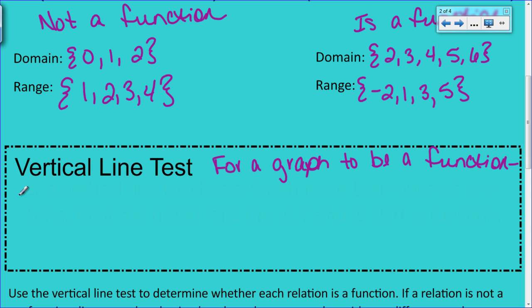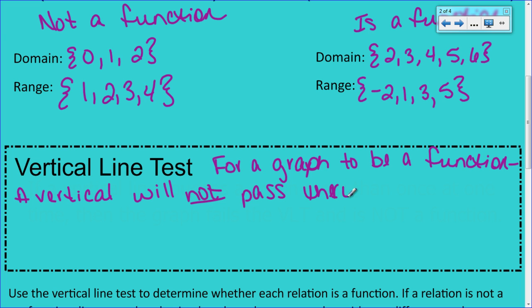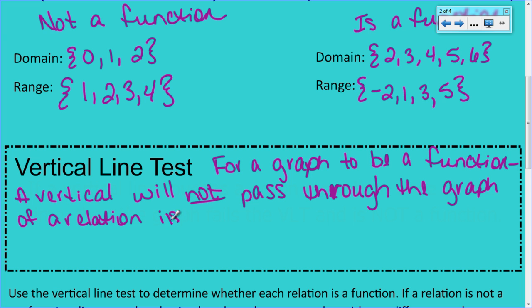And the vertical line test says that a vertical line will not pass through the graph of a relation in more than 1 point at a time.